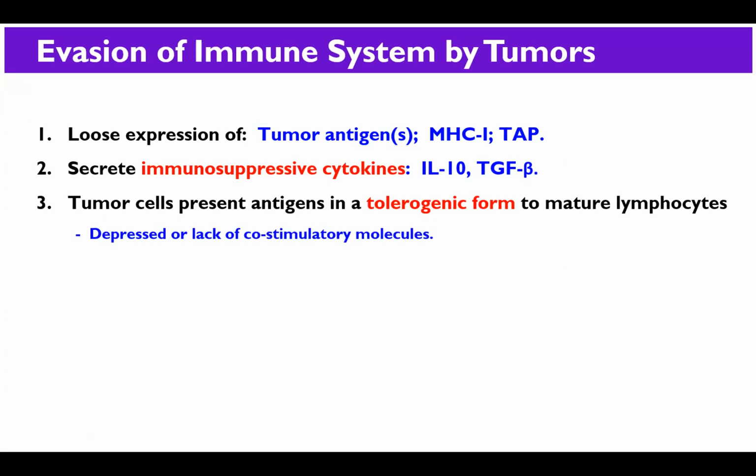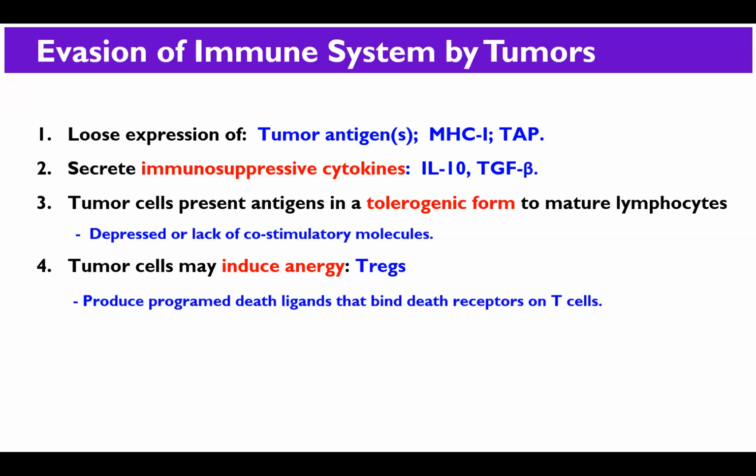And you could also have, and this one I did not mention in the previous slide, a tumor cell that is producing a lot of tumor-specific antigens, but these antigens are expressed in a heterogeneous form, which means you end up with a depressed or lack of costimulatory molecules. So they're dampening, in the sense that they're making the immune system non-responsive.